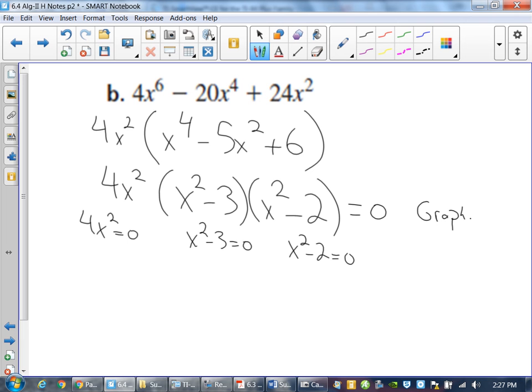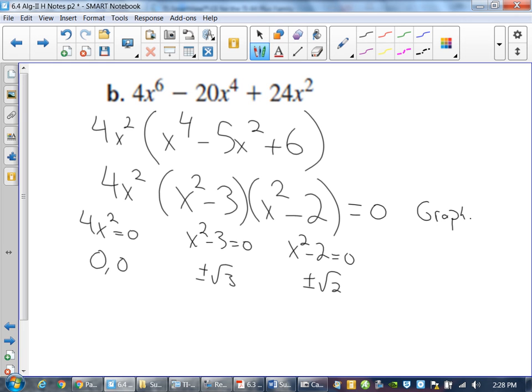It is, because it's a squared term equaling 0, so you actually have 0 and 0 here. Not plus or minus 0, it's a duplicated 0 because it's an x squared, which means it changes direction at 0. The other 2 are easy. You get plus or minus root 3 and plus or minus root 2.